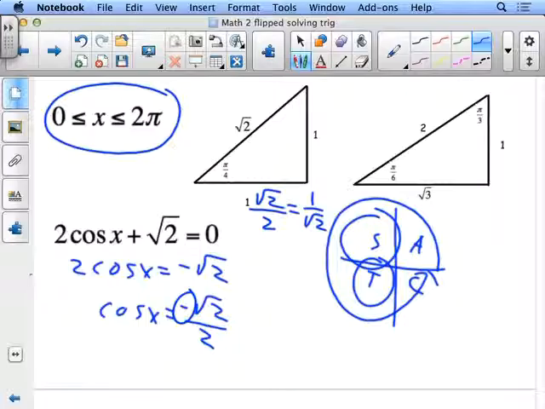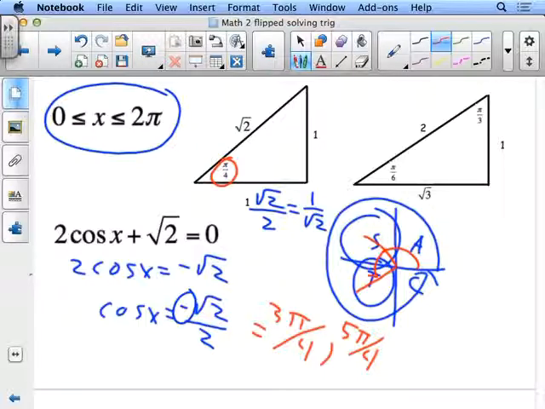Therefore, our answer is going to have to be in this quadrant and this quadrant, which means cosine of x when it equals root 2 over 2 is pi fourths, but since it's here, I end up with 3 pi fourths. And then since it's here, 5 pi fourths. So that's going to be x.